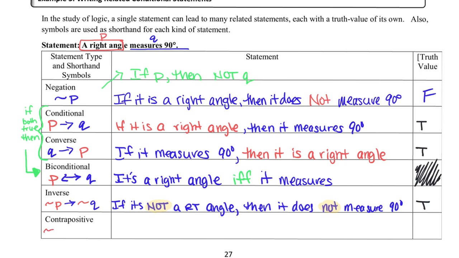So we're going to negate Q, and we're also going to negate P. So all I really have to do is take this statement right here, which is my converse, and then negate it. So if it does not measure 90, then it is not a right angle. So if it doesn't measure 90, then it's not a right angle is also true.